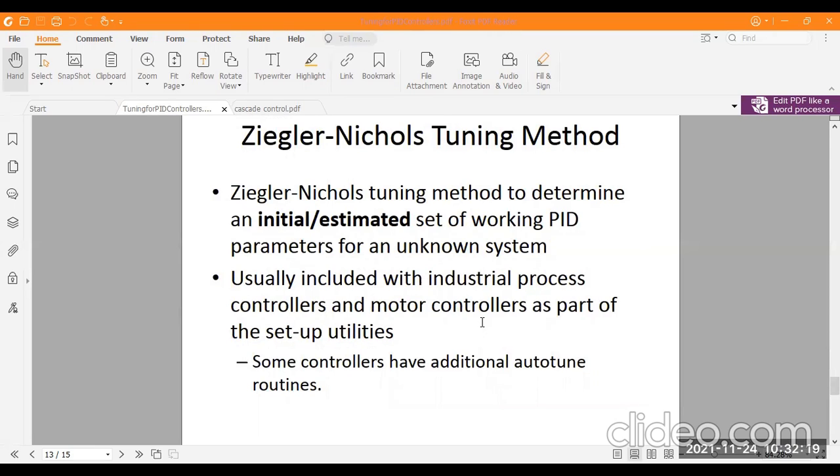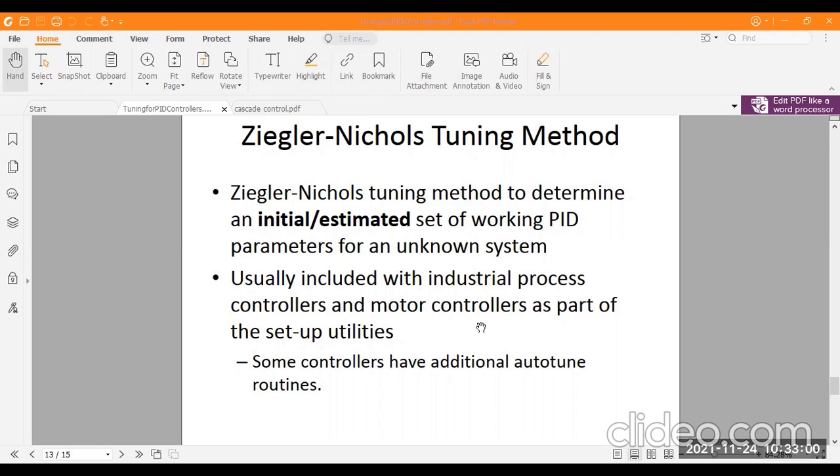in this tuning method, it basically determines an initial, estimated set of working PID parameters for unknown systems. When you use this Ziegler-Nichols tuning method, it determines the initial or estimated set of working values of the PID parameters for unknown systems, and it is usually included with industrial process controllers and motor controllers as part of the setup utilities.